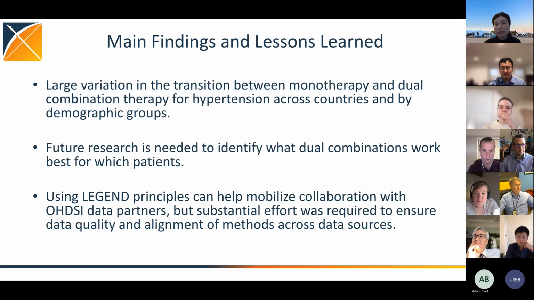Even though all of these data partners mapped their EHR to the OMOP common data model, the data quality varies, especially since some of these data partners are first-time entrants to the OHDSI community. So researchers need to pay attention to this issue when establishing new collaborations and carefully examine the data quality.